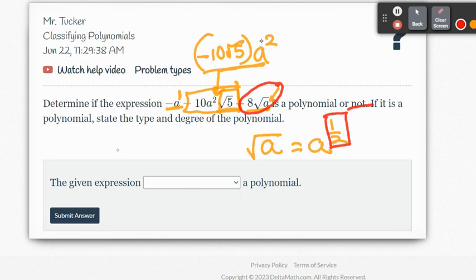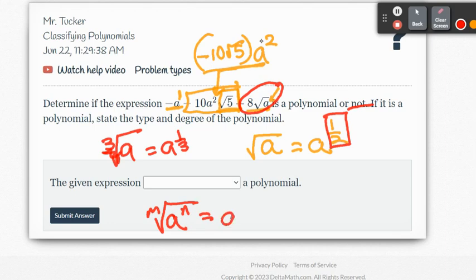Now for subsequent problems, you might see something like a cube root of a, and that would be a to the 1/3 power. Just in case you weren't seeing your radicals before, say you had a base a, and then this was m, and then you had an n power. There's this property that says any radical can be rewritten as a fraction exponent like this. So in subsequent problems, if you ever have a square root or any sort of root, you can rewrite it as a fraction exponent.